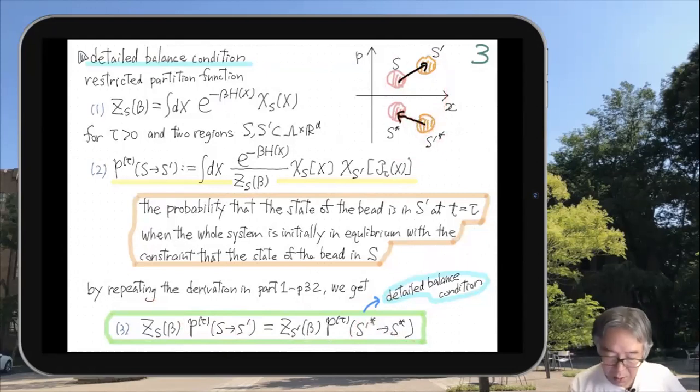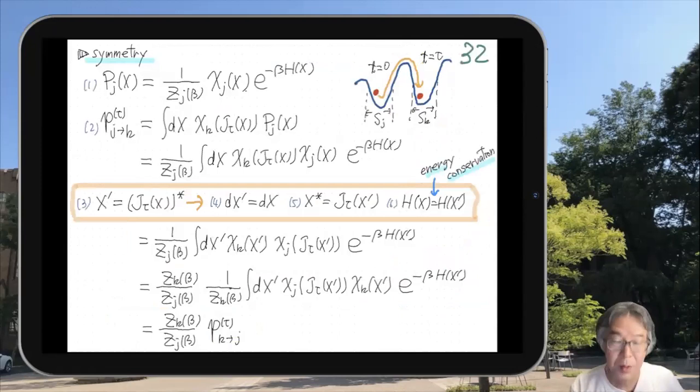The derivation is actually almost exactly the same as what we had in part 1, page 32. Let's look at part 1, page 32. Probably you recall this. It's a very simple proof, where you simply use symmetry and switch between initial and final. In that case, we were considering only the position part, so we didn't have to worry about taking the star.